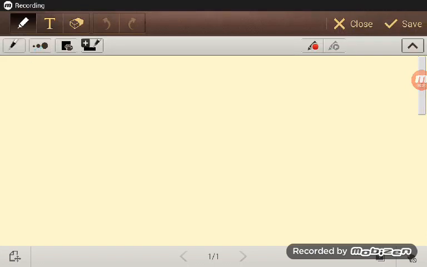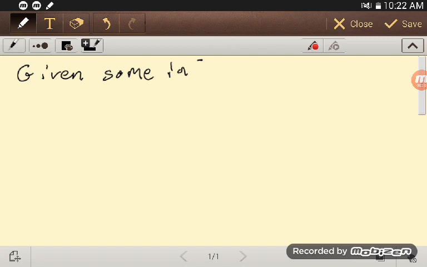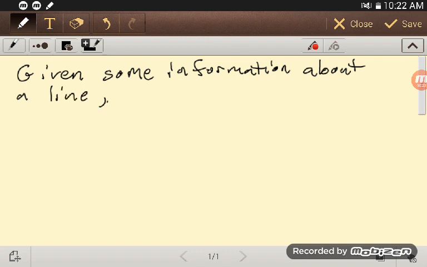Okay, so now we're going to look at if I'm given some information about a line, get the algebraic representation.